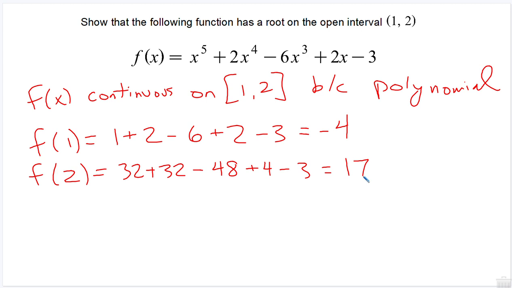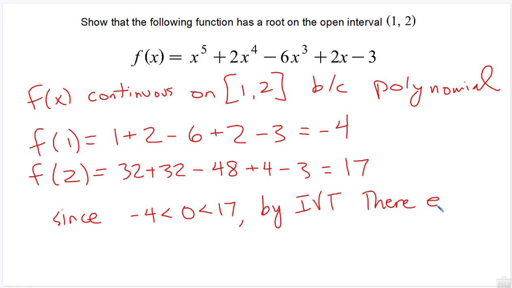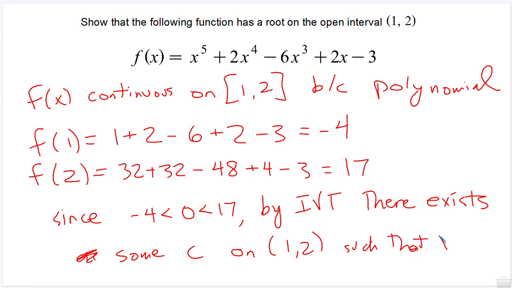And so we know that since negative 4 is less than 0 is less than 17, then by the intermediate value theorem, there exists some c on 1 to 2 such that f of c equals 0, right?